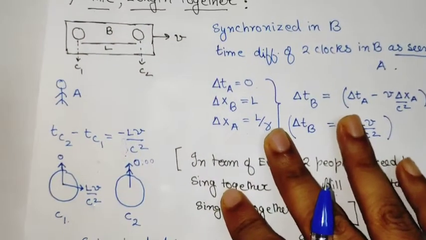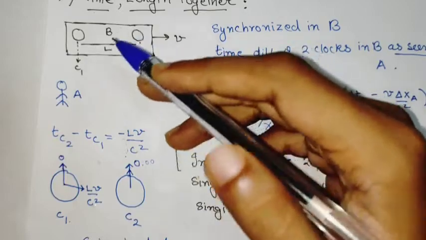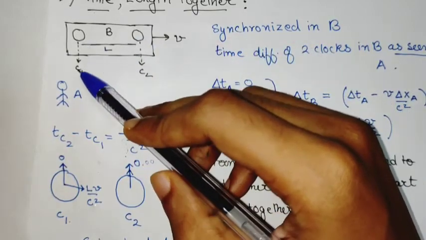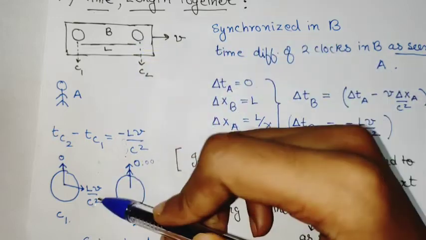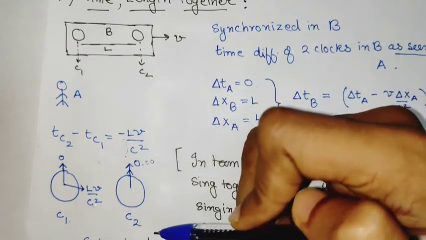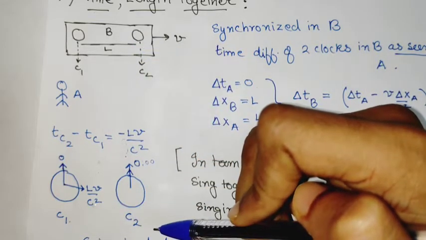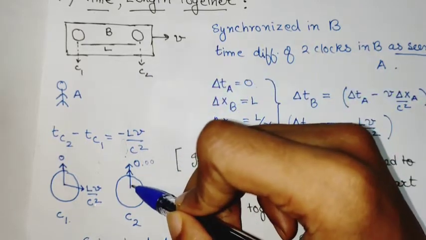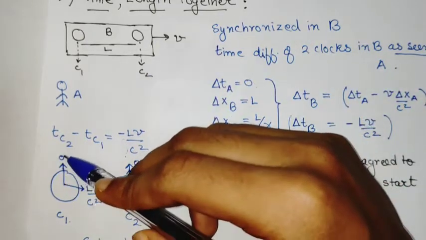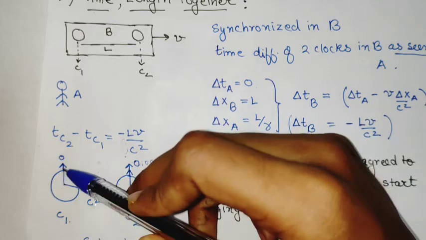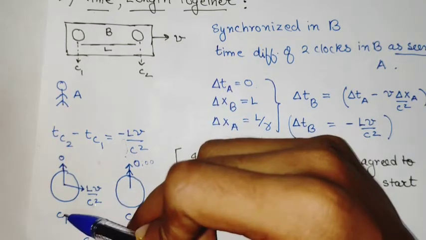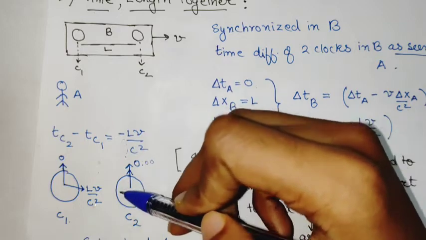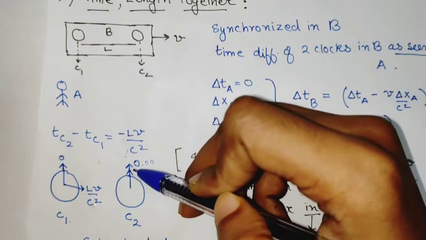The singing by a person standing below C1 would have begun before the singing by the person at C2. Assuming they both have agreed to sing at 00, when 00 occurs in C1, C2 will be lagging behind, so 00 would not have occurred in C2.